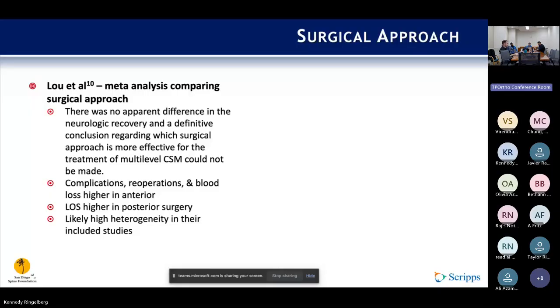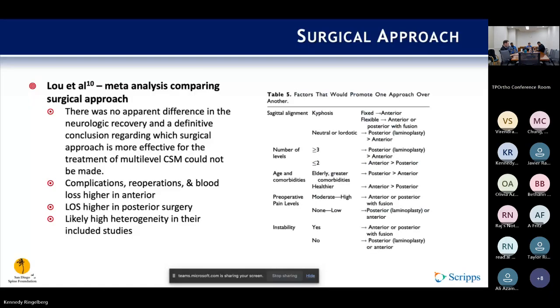So these studies are, for the most part, retrospective in nature, and that in and of itself lends lots of selection bias in terms of how these providers treated patients, and then ultimately the conclusions we're able to draw based on them. But lots of these meta-analyses also provide a framework for general guidelines in terms of which approach may be better in certain situations.